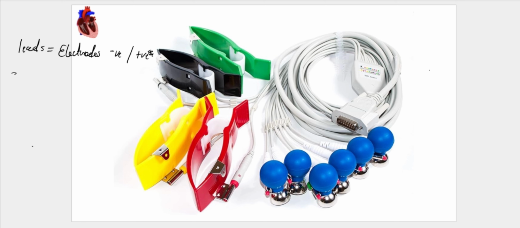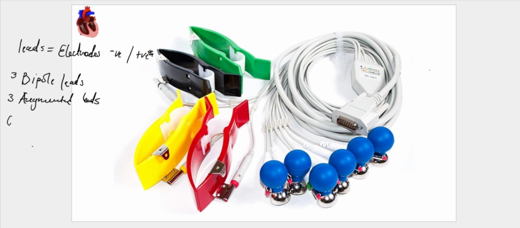We have three bipolar leads. As the word suggests, they have two electrodes, the positive and the negative. We have three augmented leads. As the word suggests, this means that we have two electrodes and then an additional one, so we've augmented the three.